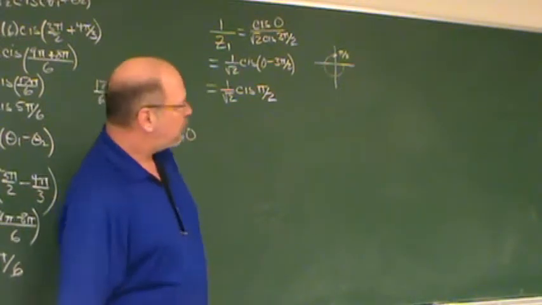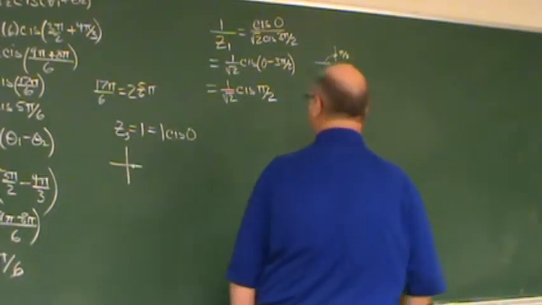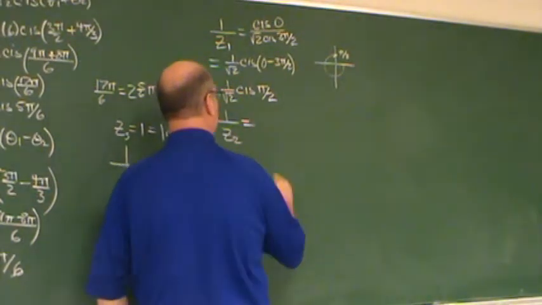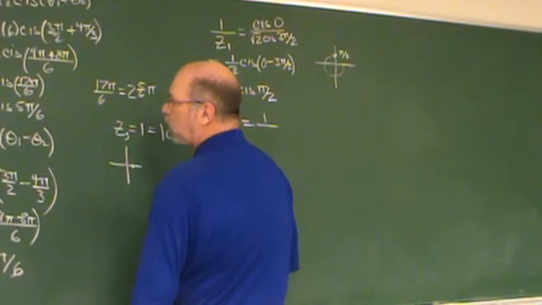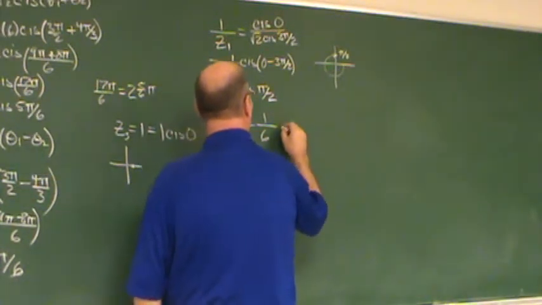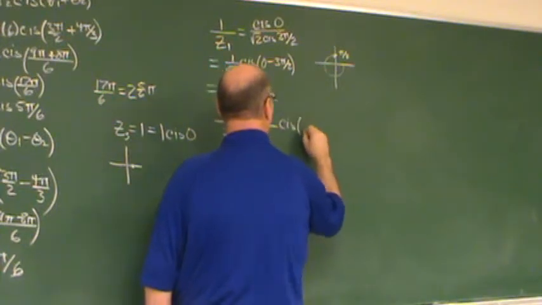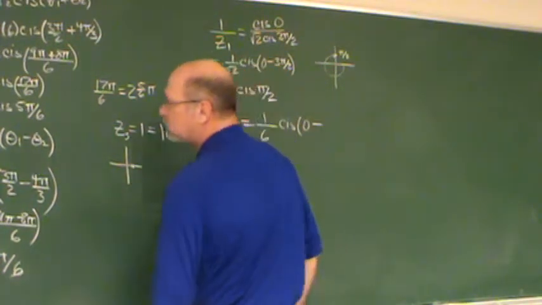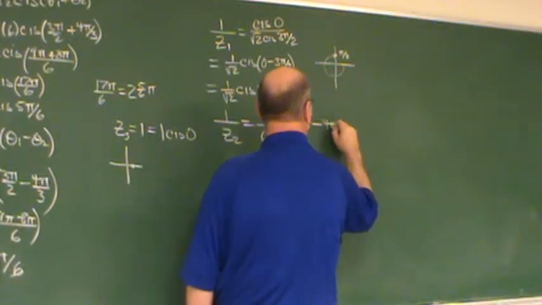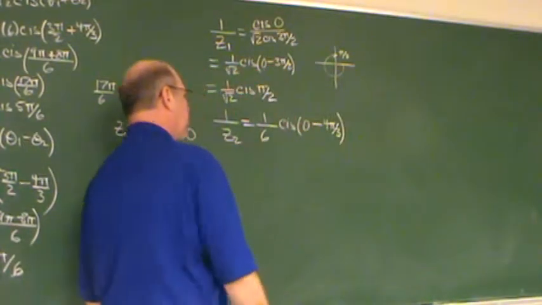All right, and let's go ahead and do 1 over Z2. 1 over Z2 will be 1 over R, and R2 is 6. And that's going to be CIS of 0 minus theta 2, 4 pi over 3. Okay.